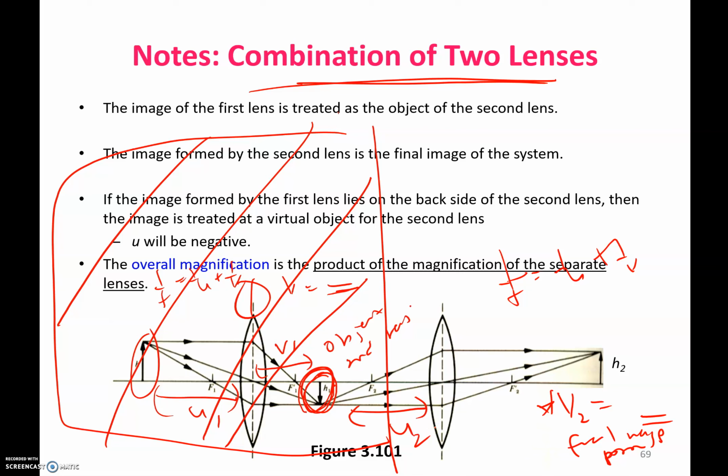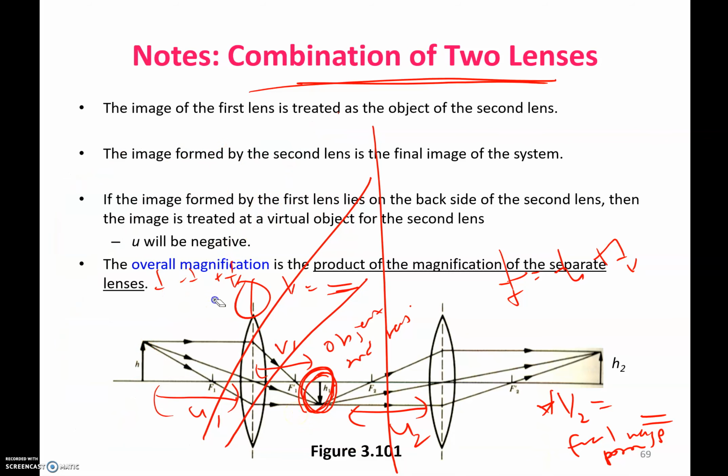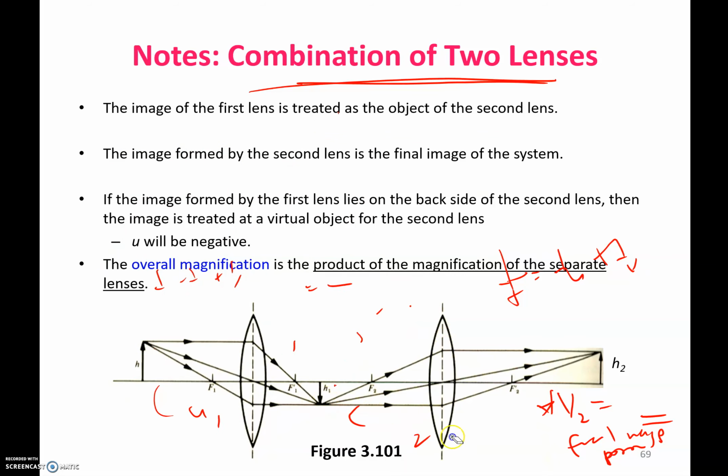But how do I calculate the magnification then? For magnification, you have to calculate one by one. Calculate the magnification for the first lens, which is m1 = -v1/u1.